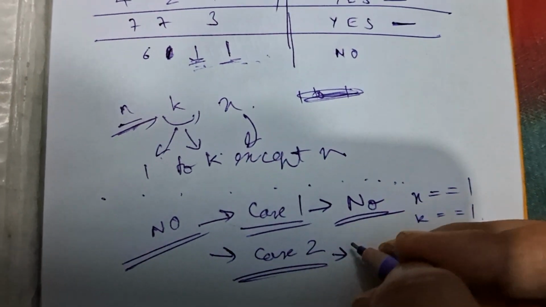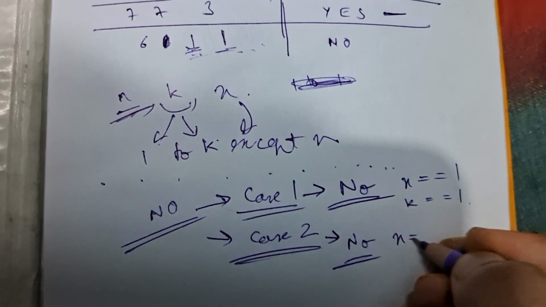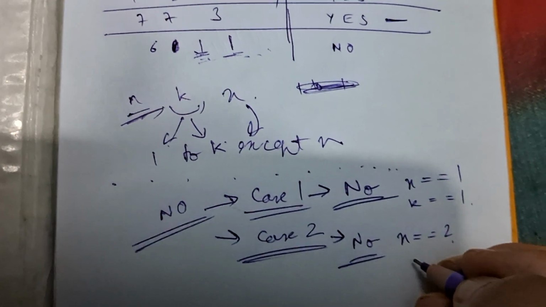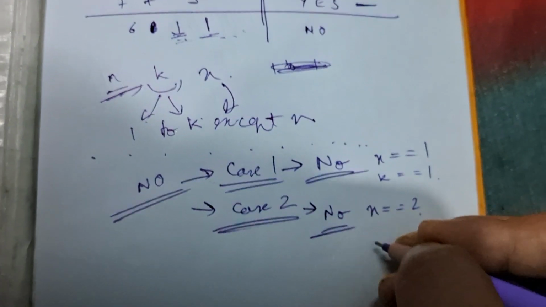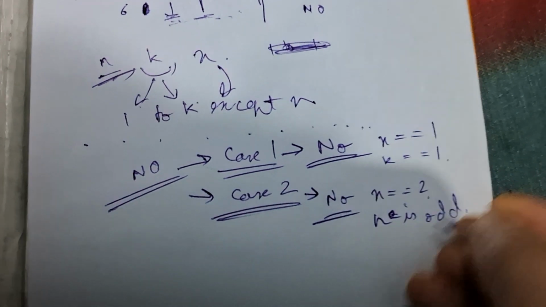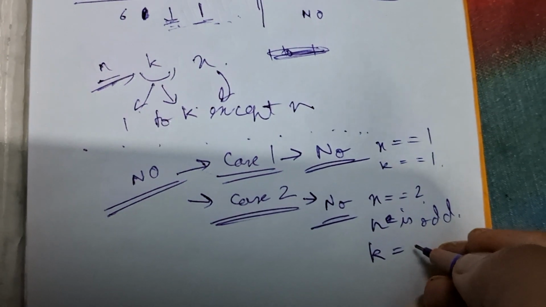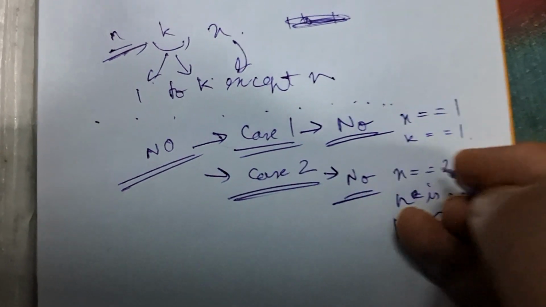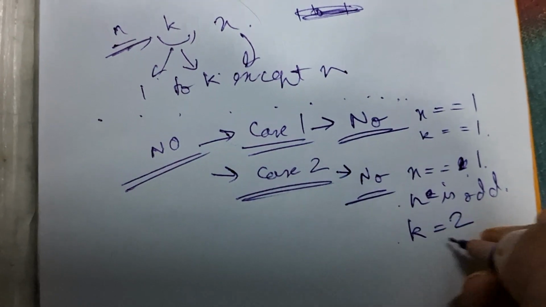And the second case of no will be when n is odd and k is equal to 2. Sorry, one mistake: it will be x is equal to 1, n is odd, and k is equal to 2.